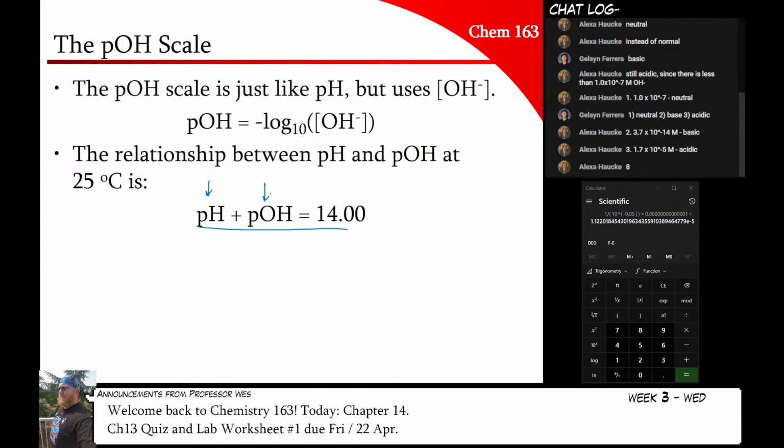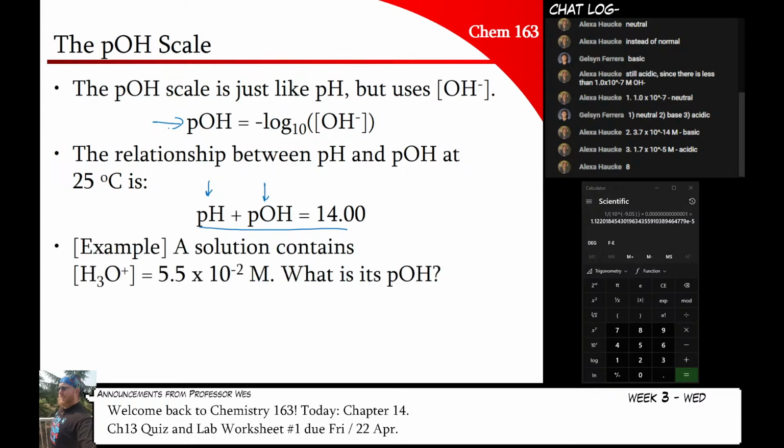Now, what this means is that if it's easier for you to do this process, for example, we've been doing all this Kw nonsense. Whenever we have to deal with OH, we just figure out what H3O plus is and then throw it in Kw. Now, if I'm given OH minus, I could just find the pOH and then do this, and that might be easier for an application.